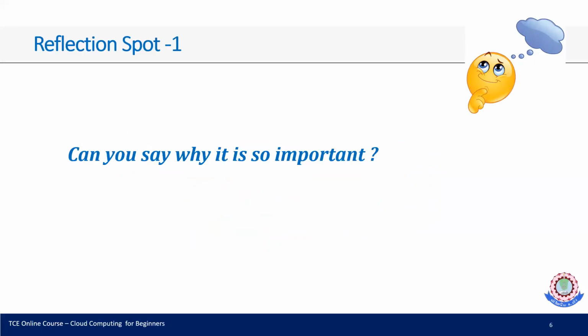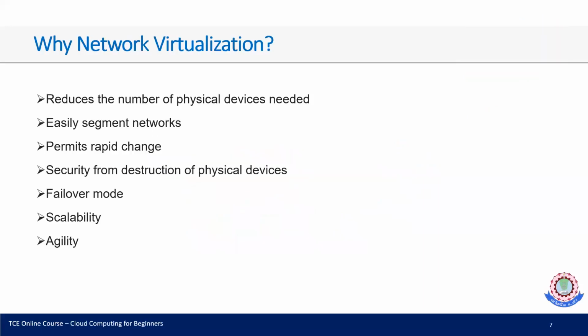Learners, can you think and state why network virtualization is far more important inside the virtualized environment? Let us see. Whenever we have network virtualization inside the virtualized environment, we can reduce the number of physical devices we use.